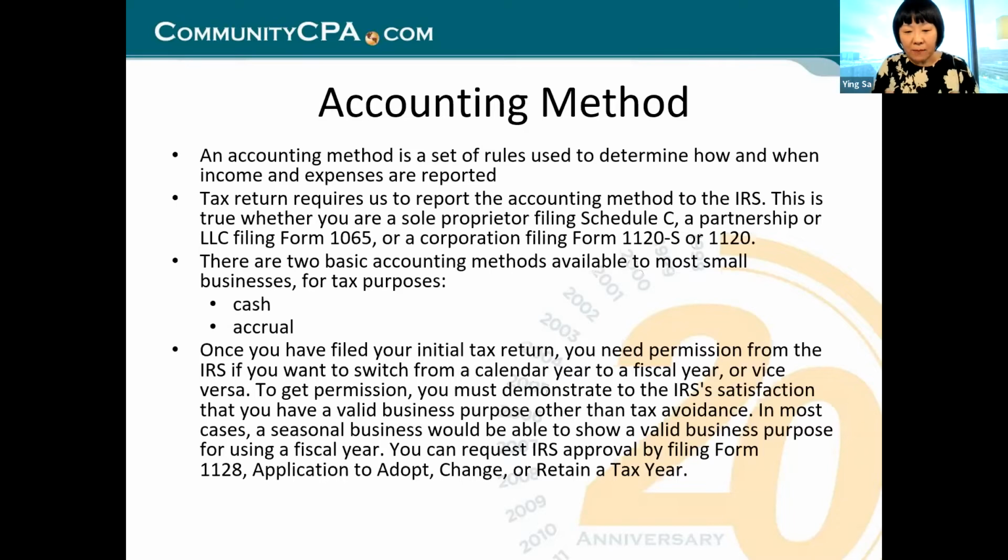So you can imagine that if you are on cash accounting, everything you receive, you count as income. Everything you spent, you count as expense. But what if you wrote a check to buy these things, but they didn't cash it?